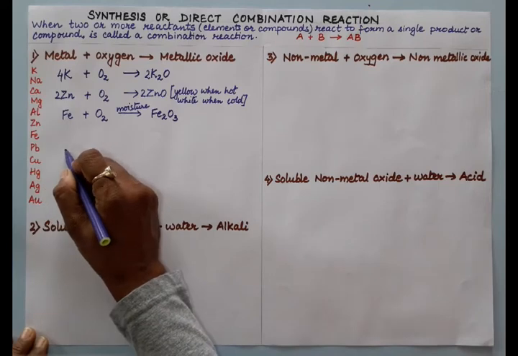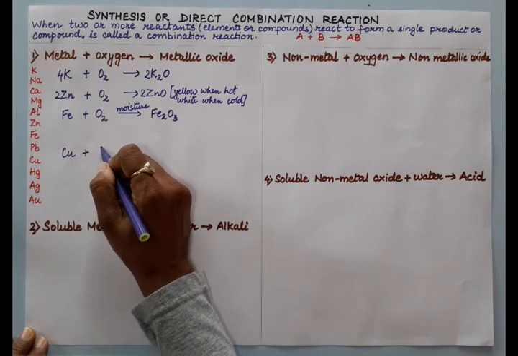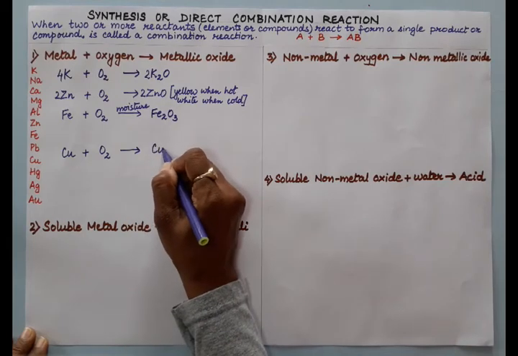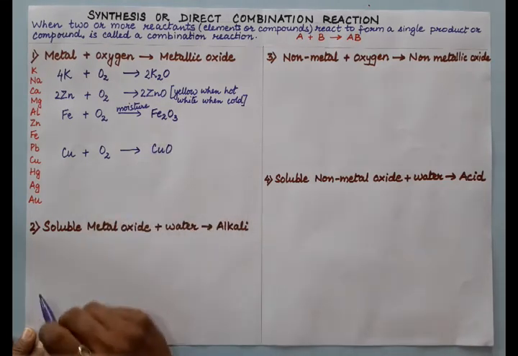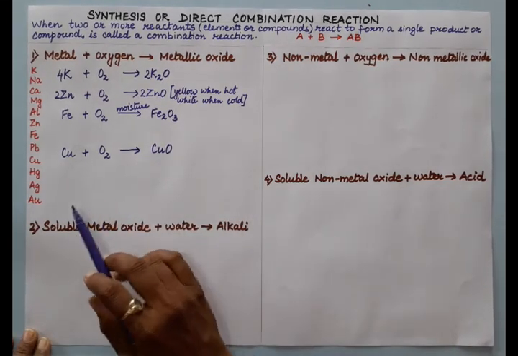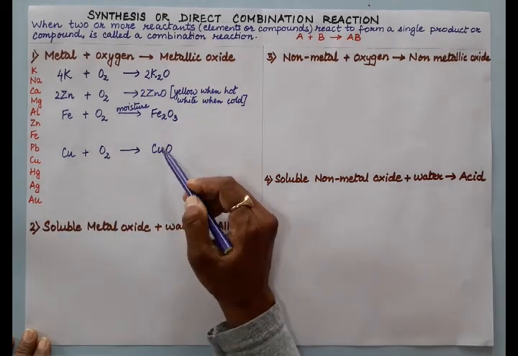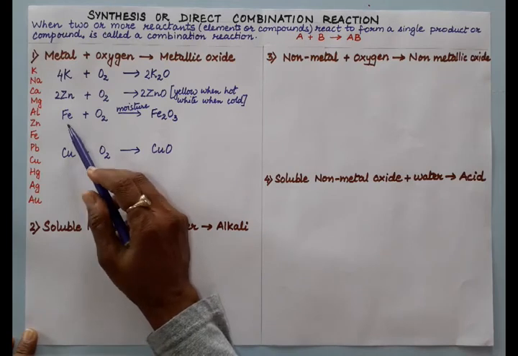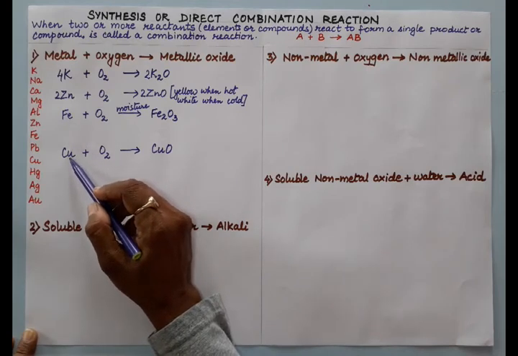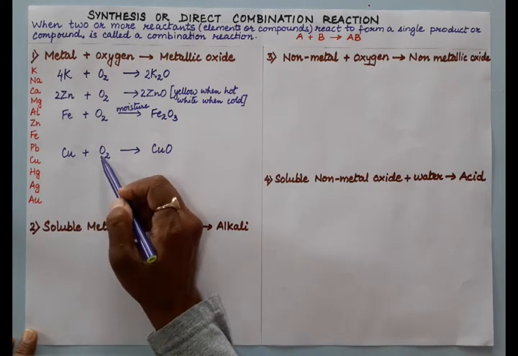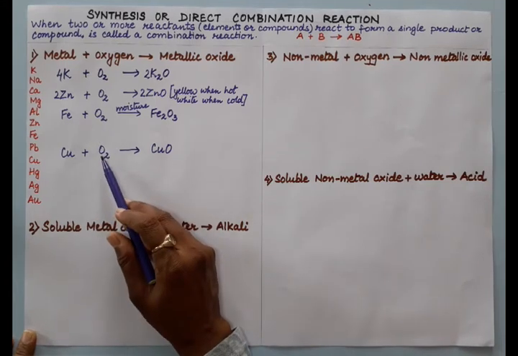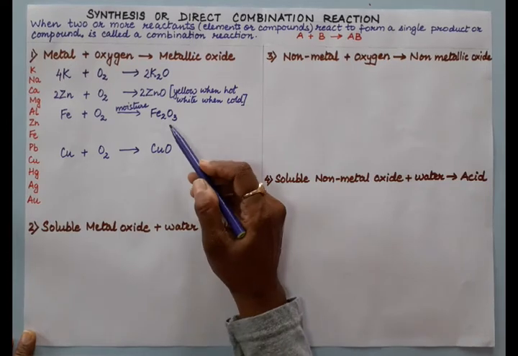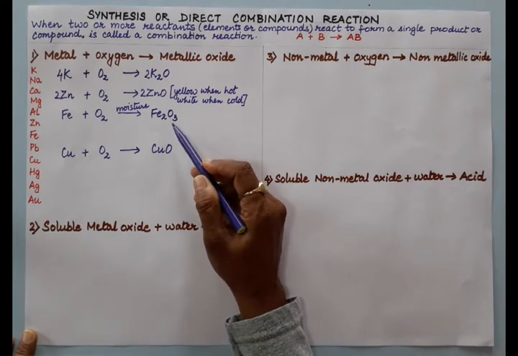When copper reacts with oxygen, copper having variable valency, cuprous and cupric, it will always form cupric oxide. Now why, whenever a metal reacts with oxygen, do they form compounds with higher valency? Metals having variable valency like iron and copper, or mercury, when they react with oxygen, oxygen being an oxidizing agent helps them lose all the electrons and they form the compound with higher valency.